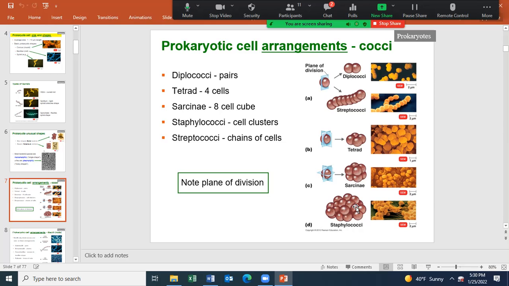The reason for what the cellular growth arrangement can be is how the cell is dividing, meaning its plane of division, and whether the cell walls stick together. Now, I should warn you that whenever you have one cellular growth arrangement, like streptococci, you will see streptococci, but you'll also see some diplococci.